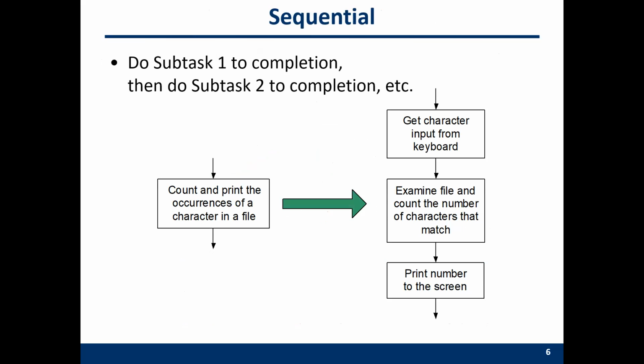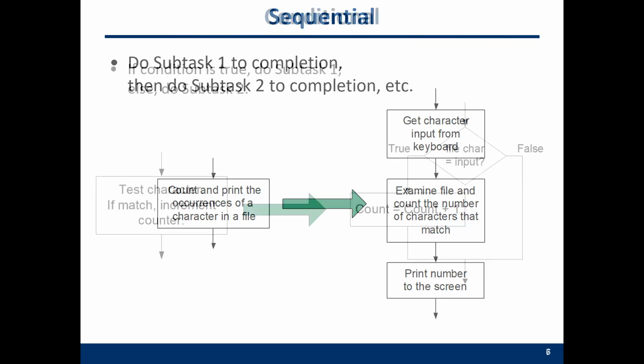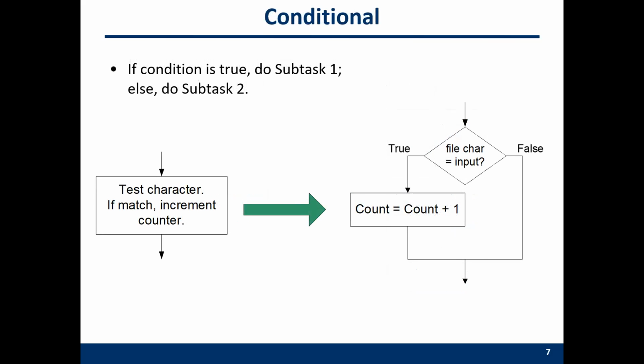For the display, you can break the task into different steps like this. This is the simplest programming mode. So for the second programming mode, you can use the condition here.